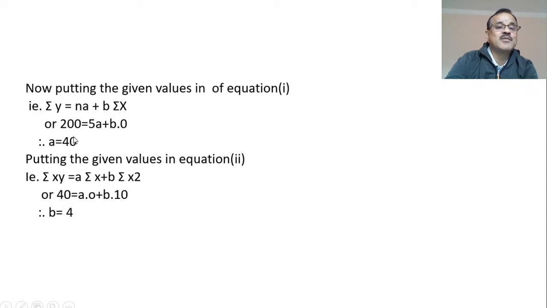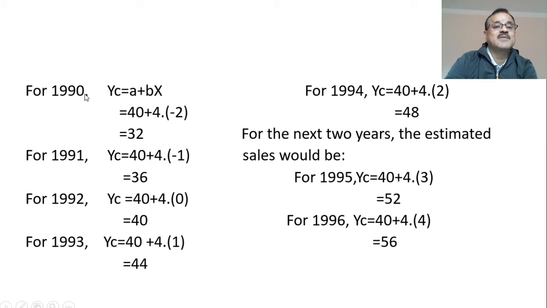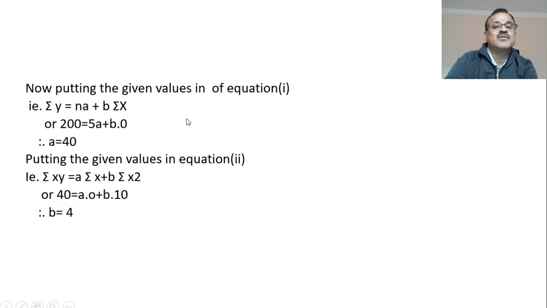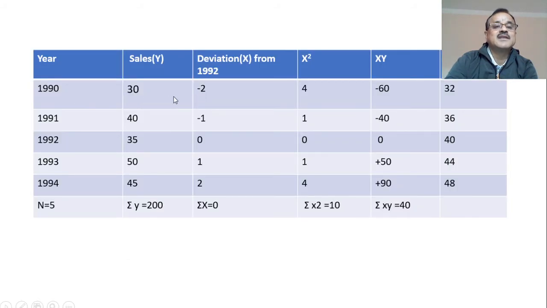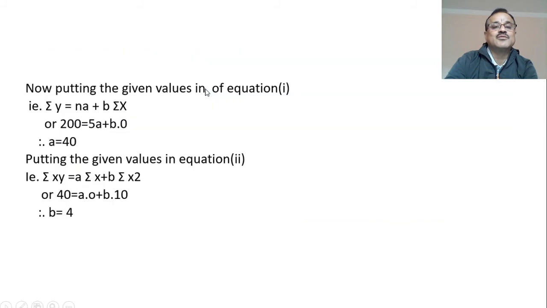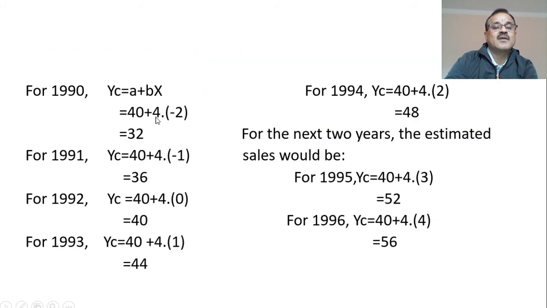Now we put the values of a and b for every year to get the exact value. Our equation is y equals a plus bx, where a is 40 and b is 4. In 1990, the value of x is minus 2. Here a is 40, b equals 4, x equals minus 2.